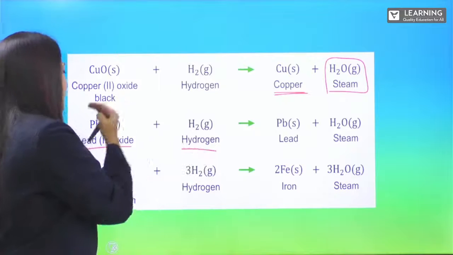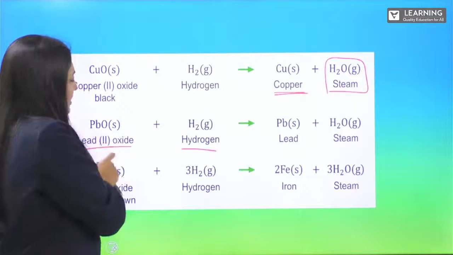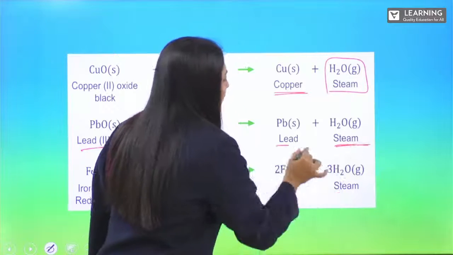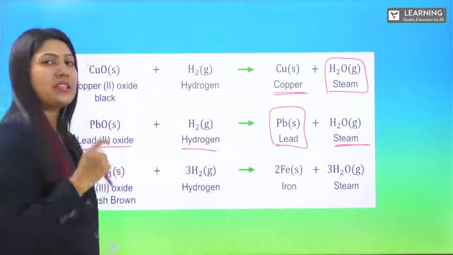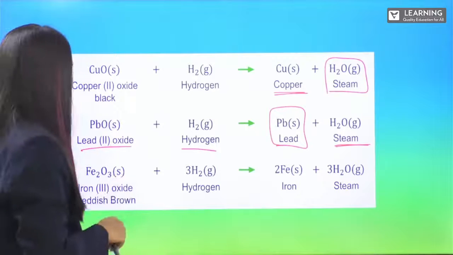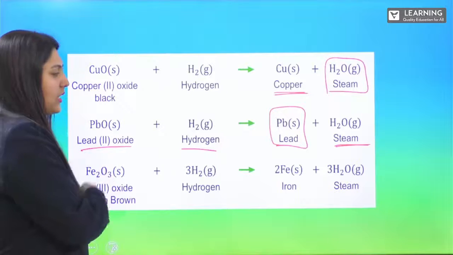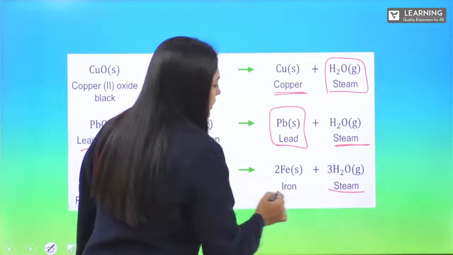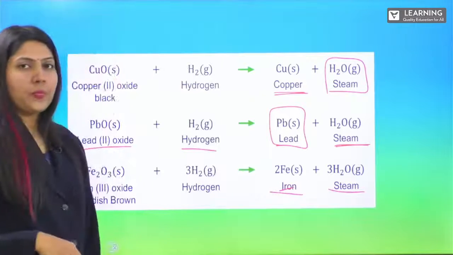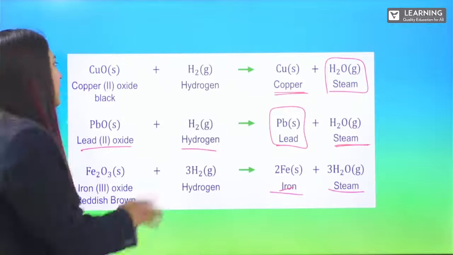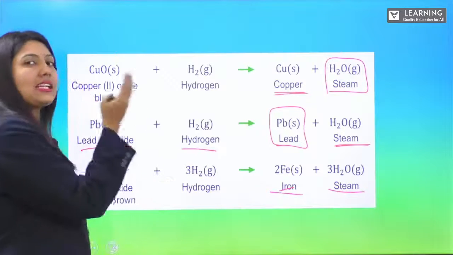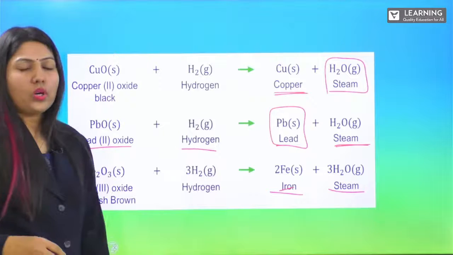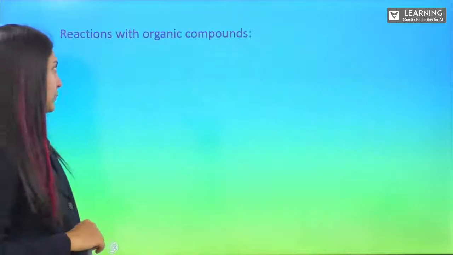When hydrogen hits the solid, it reacts to give water, whereas the metal is removed out. Likewise, iron oxide reacted with hydrogen gives a water molecule with iron. So when hydrogen reacts with metallic oxide, we get metal plus water.